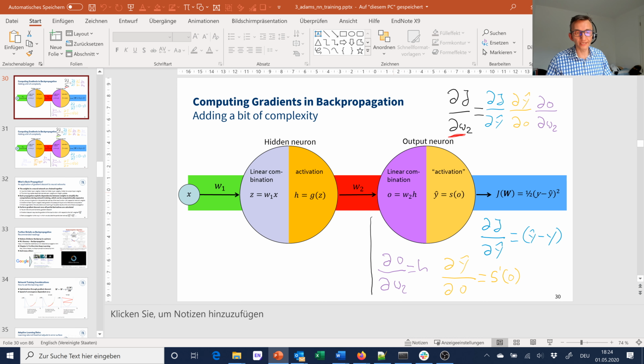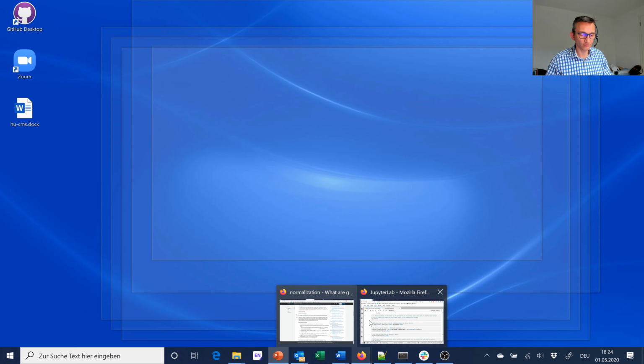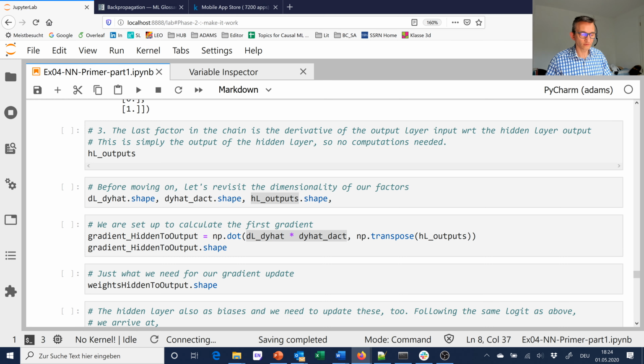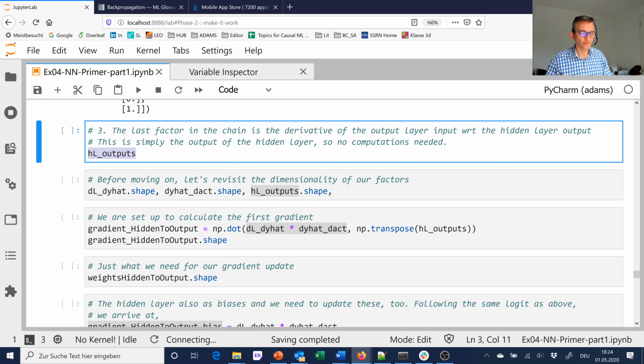Right? It's this function here. Can you see the eyes? Yeah, you can. It's this bit here, the purple bit that I have highlighted at the moment. If we work out the derivative of O with regard to W2, that's just H. And that is what I have stored as the hidden layer output.